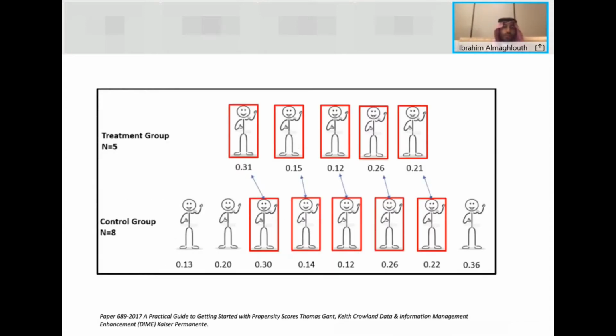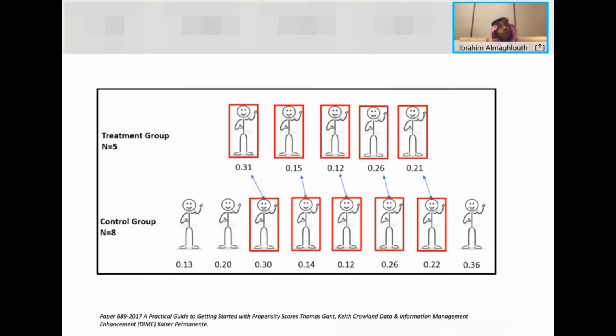This nice demonstration reflects what the propensity score is. So let's say that this is our study population. So the whole thing is a study population. We have a treatment group and we have a control group. You can see that everyone in the whole cohort, after creating this model based on all the variables that we think might affect the relationship between the treatment and the outcome, are entered within this model.